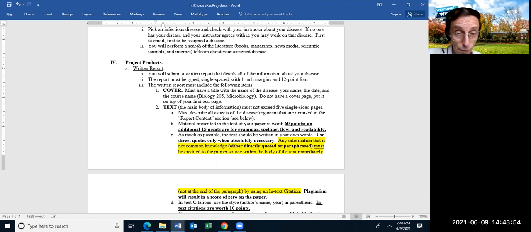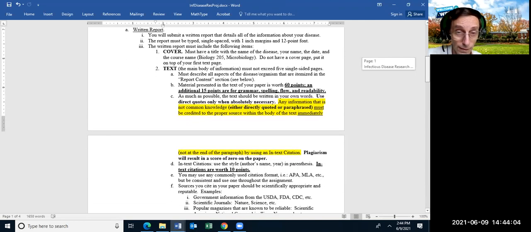You should write as much of it as possible in your own words. So change what you get out of Wikipedia and put it in your own words. I will be doing a plagiarism search of this article, and anything that is over 20% in common with something else, I'll look at further.